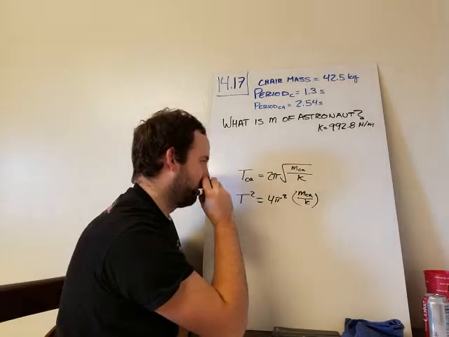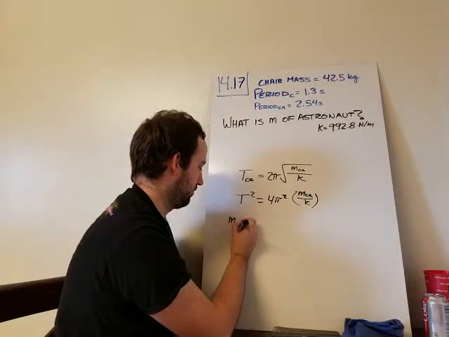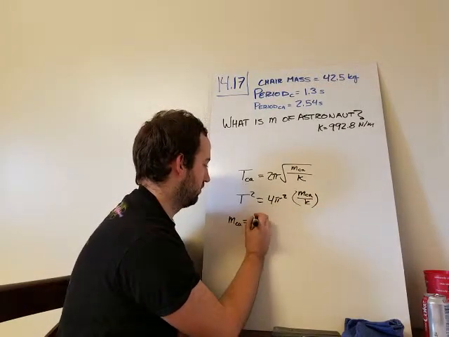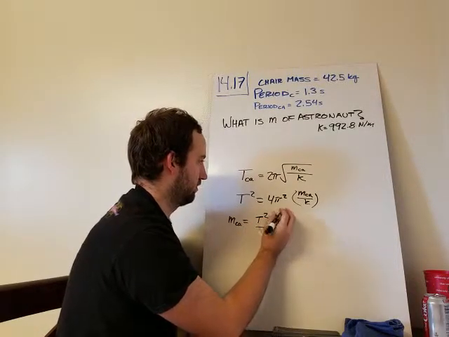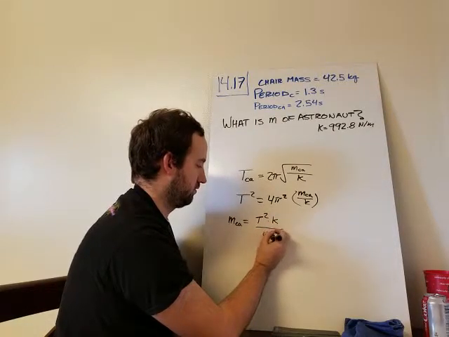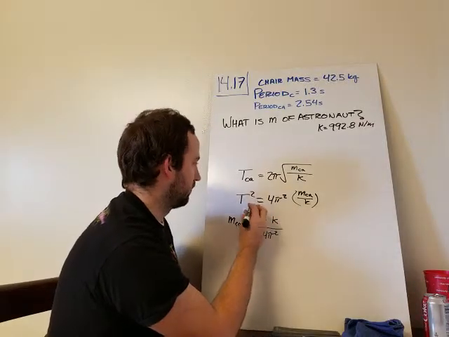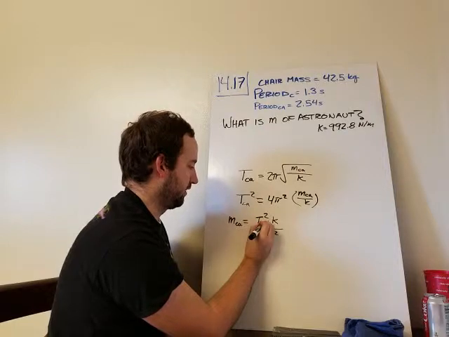We'll end up with the mass is equal to T squared times k over 4 pi squared. And of course this period is that combined period.